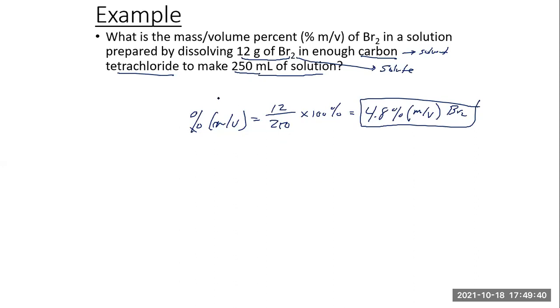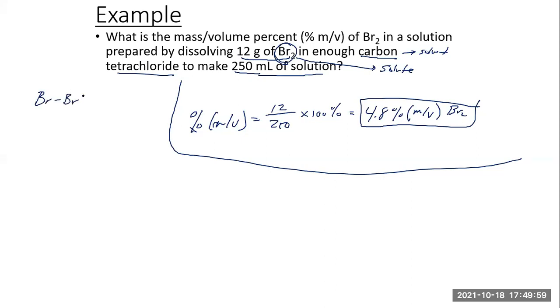Now, this is a very good example of what we were talking about a second ago, that in this particular case, the solvent is actually carbon tetrachloride and not water. And why would that be? Well, if we look at what we're dissolving here, this is Br2, which looks something perhaps like this.